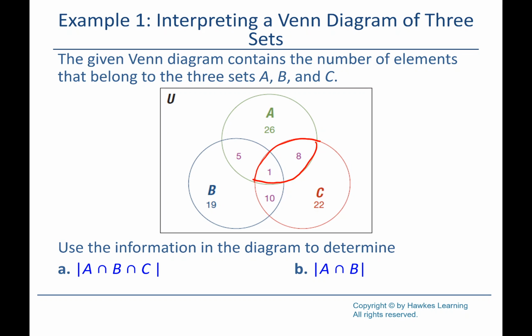So we'd do 1 plus 8, get 9. And then the last one says how many do we have where B and C overlap? 11, because that's this piece. So 1 plus 10 would get 11 in there. Once you see what's going on, that's not bad.